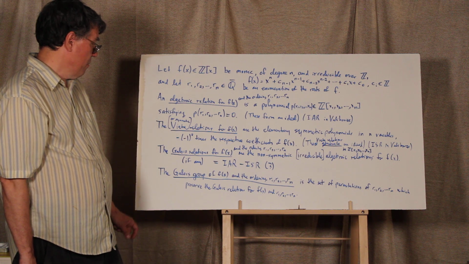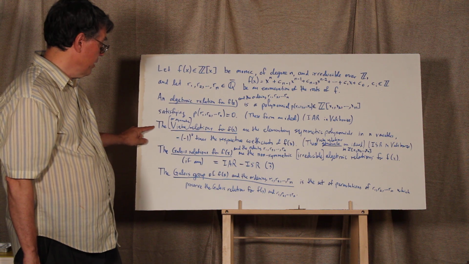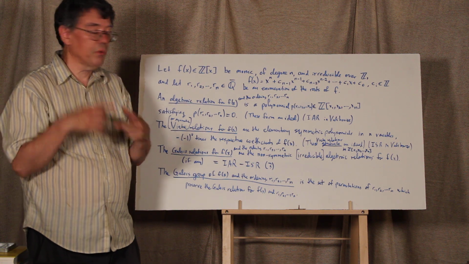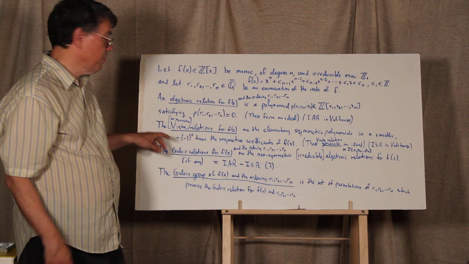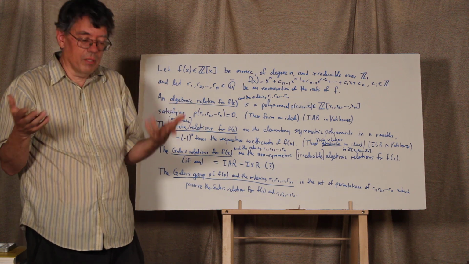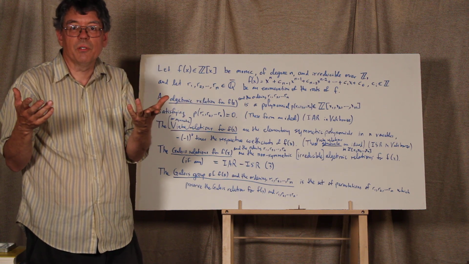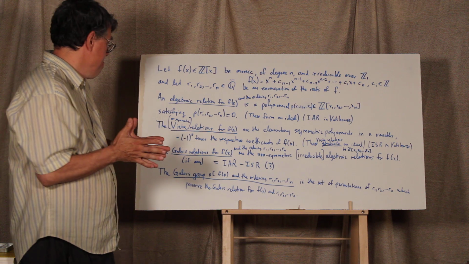So in the general case, we can permute these roots any way we please, because for a symmetric polynomial, again, permutations don't affect the polynomial. You can permute the variables any which way you please. It does not affect the polynomial.